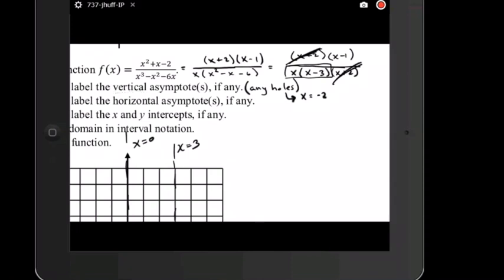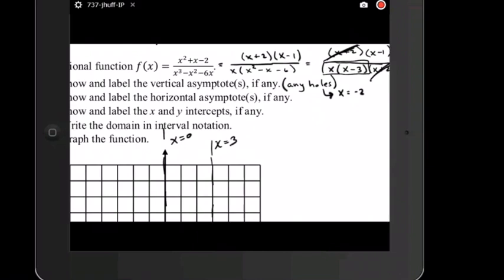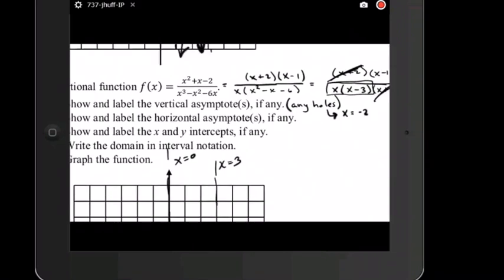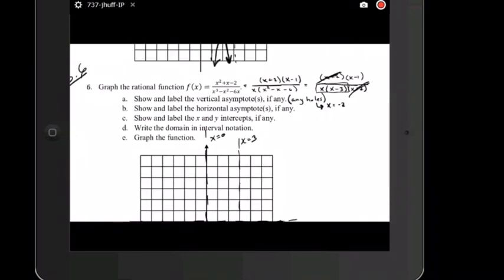Are you talking about the horizontal or the vertical? Because you mentioned when we divide the coefficients? Yeah, that's only if the numerator has the same degree as the denominator. Since the numerator is a smaller degree, just like with the problem above it, the horizontal asymptote is 0. When you have the same degree, then you divide the coefficients. Yeah, I missed that part.